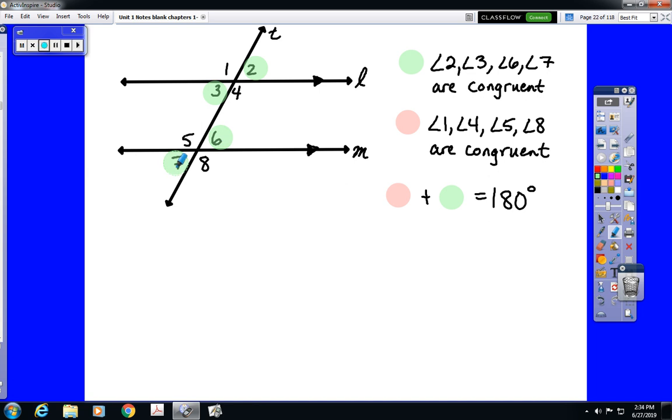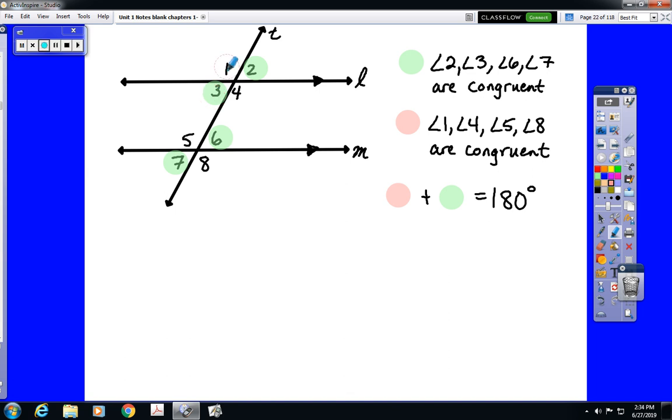All four of those angles are the same every single time. 2 and 6 are corresponding, which are congruent. 2 and 3 are vertical, which are congruent. 3 and 7 are corresponding, which are congruent. So those four are the same every time.